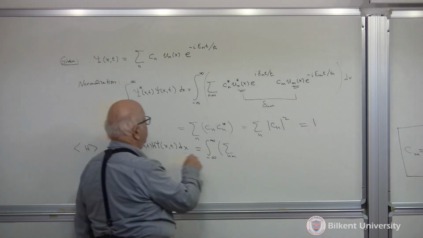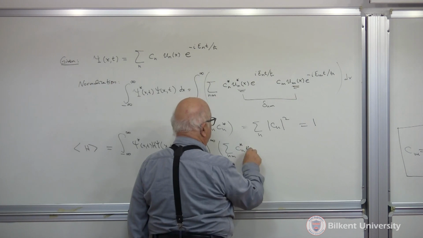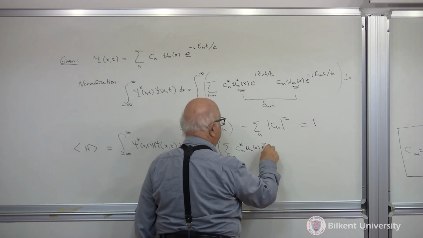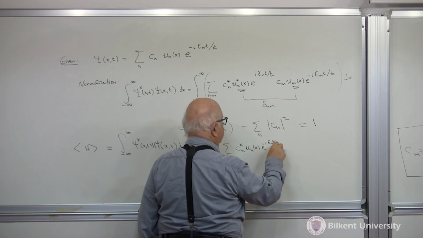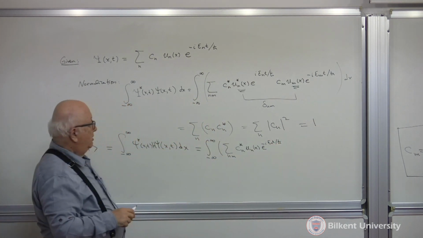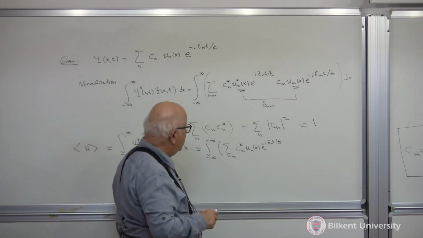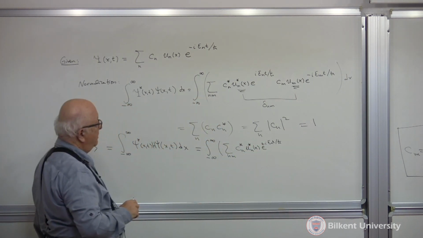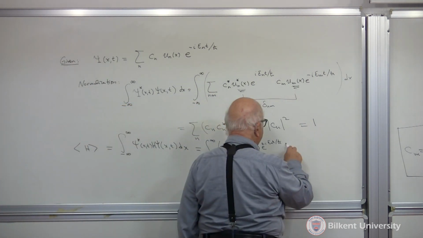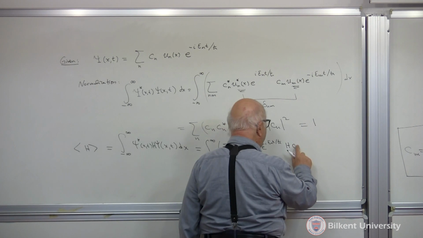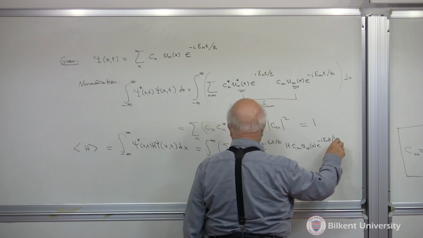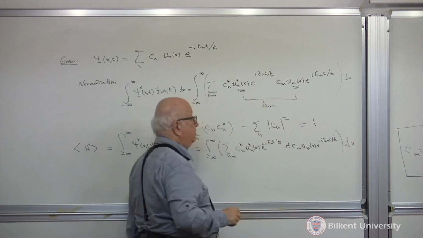Now I'm going to get Cn* un*(x) e^(+iEn t/ħ), and then an H, then Cm um(x) e^(-iEm t/ħ), this whole thing to be integrated.